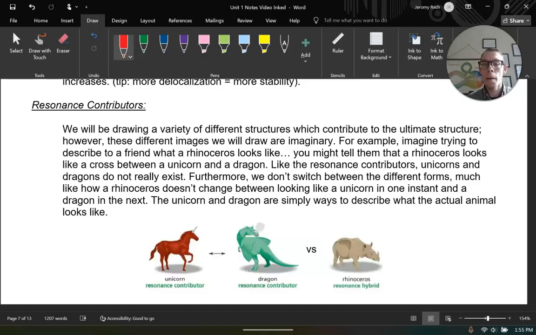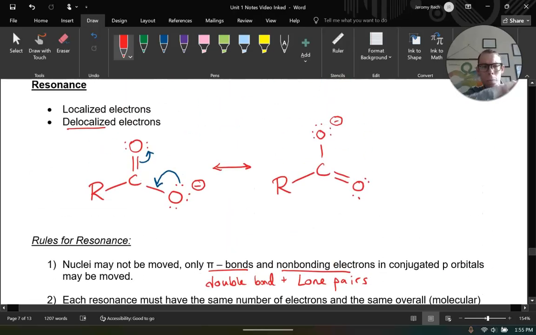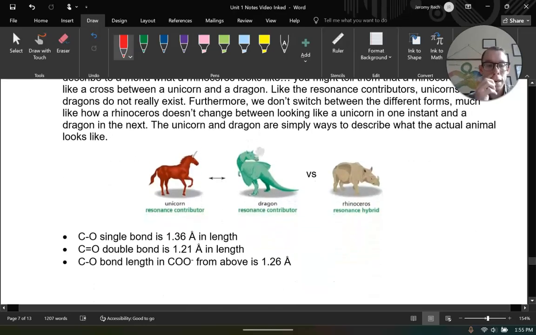If we think of this structure up here, where we have carbon single bonds and carbon double bonds to oxygens, a carbon-oxygen single bond and a carbon-oxygen double bond actually have different lengths. A carbon-oxygen single bond has a length of 1.36 angstroms, whereas a carbon-oxygen double bond has a length of 1.2 angstroms, so it's held a little bit tighter together.